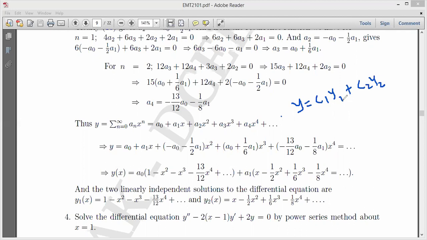So in this case, what we call C1 is N0, N0 Y1, but of course Y1 is in terms of X.